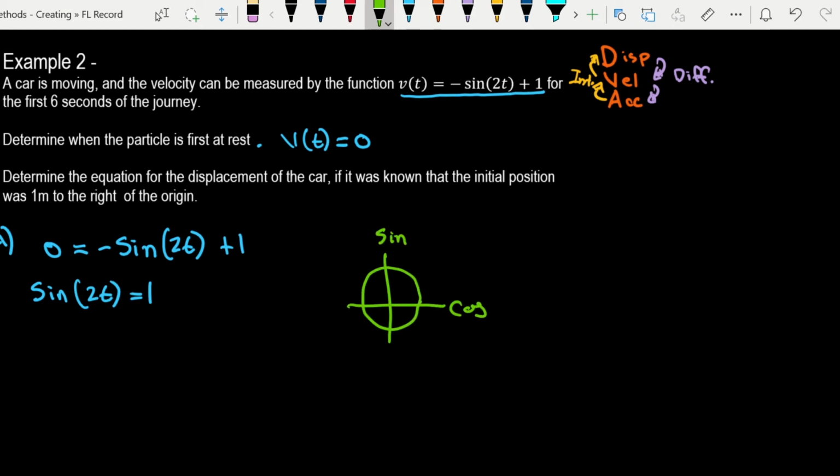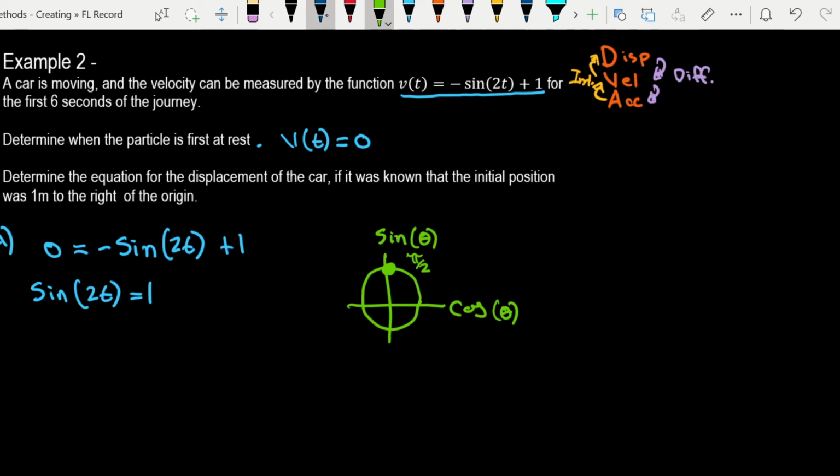Alright, I know that sine of t, actually I'm going to use a different variable here, sine of theta, and cos of theta. I know sine of theta would be equal to 1 at pi on 2 radians.